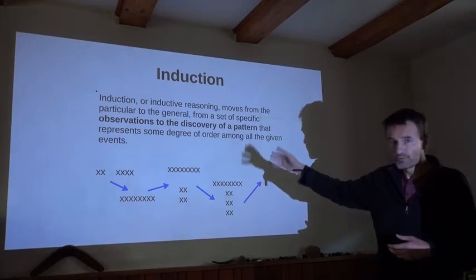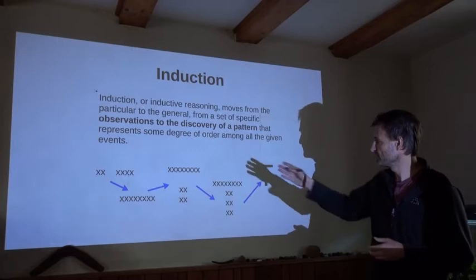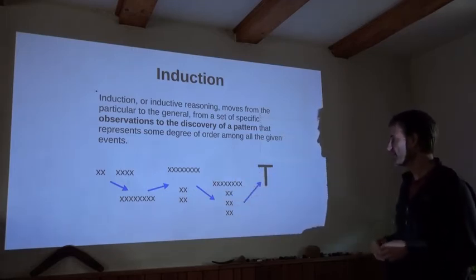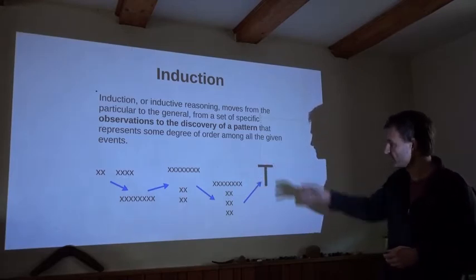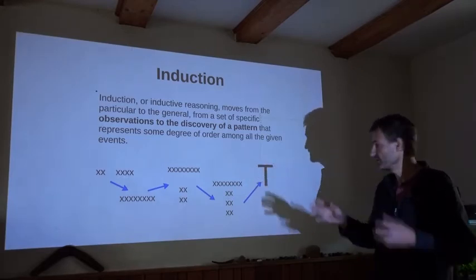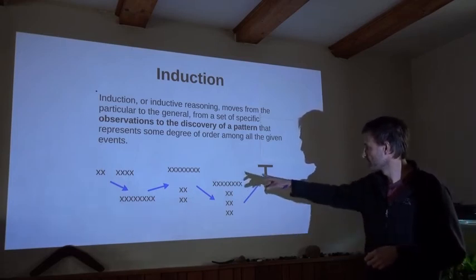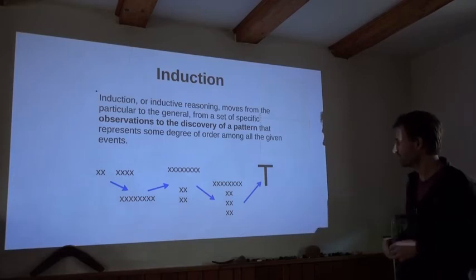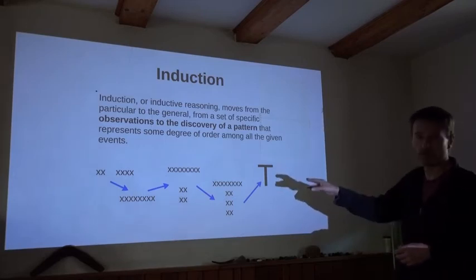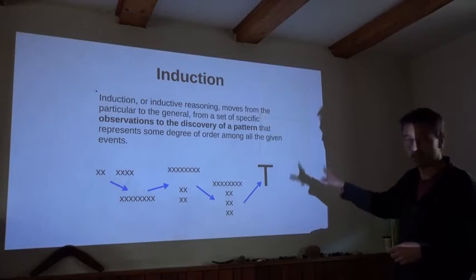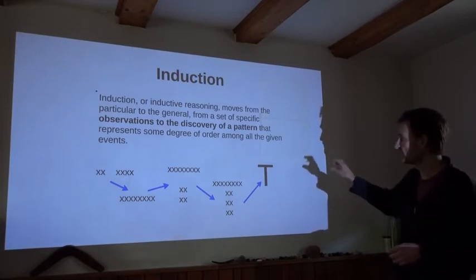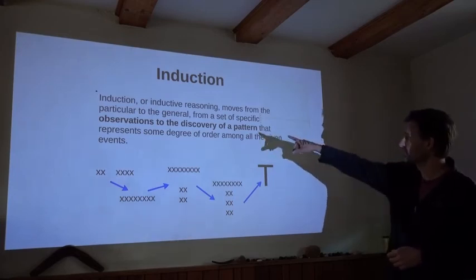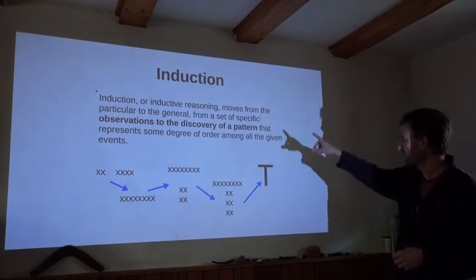But we do more observations, and we find another group of axes, and finally, after long observation of our data, we discover this shape, the T shape, and we say, no, it's not a group of axes, it's T. This is the result of our observation, and we discovered a pattern.